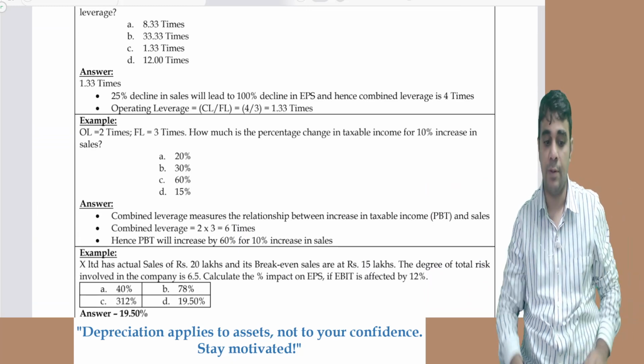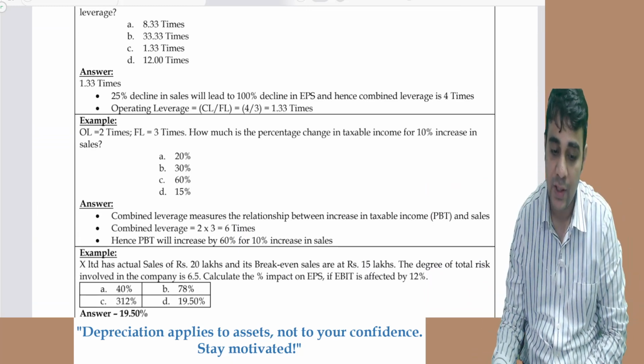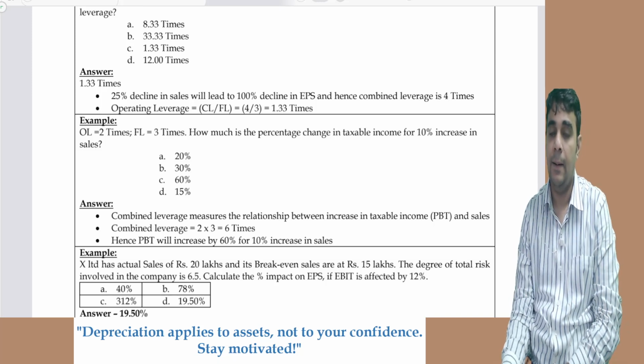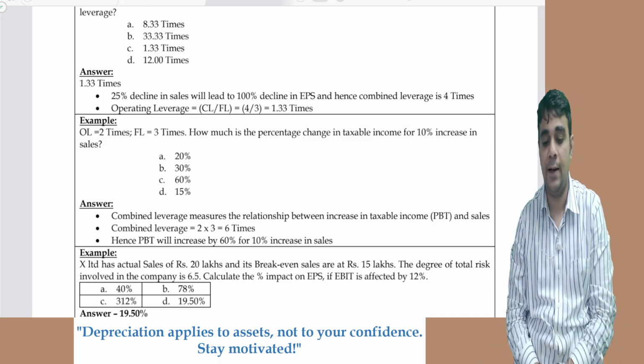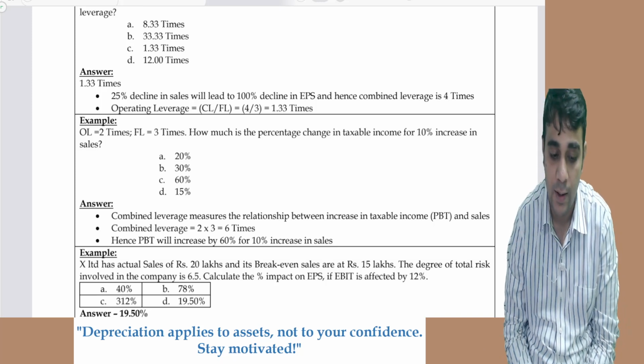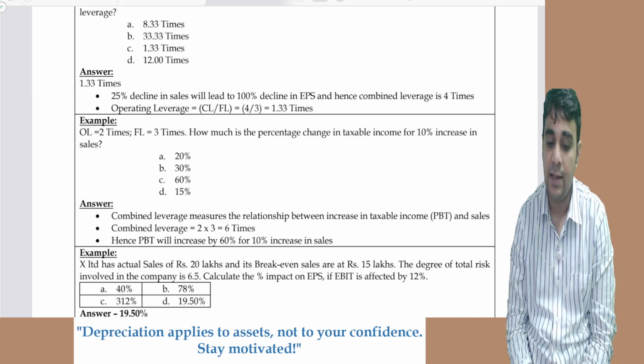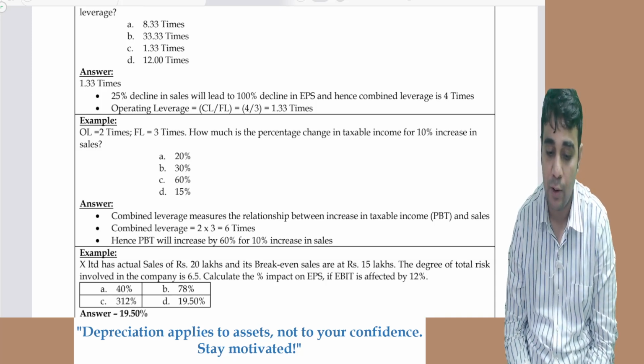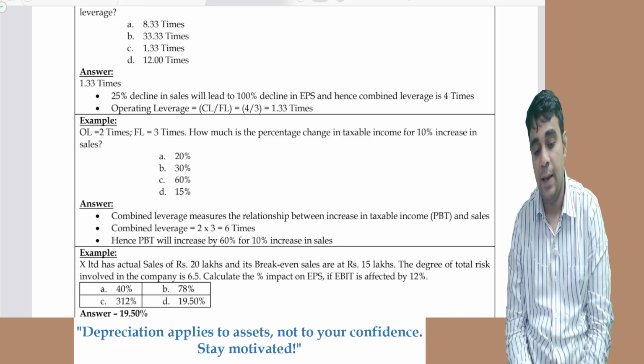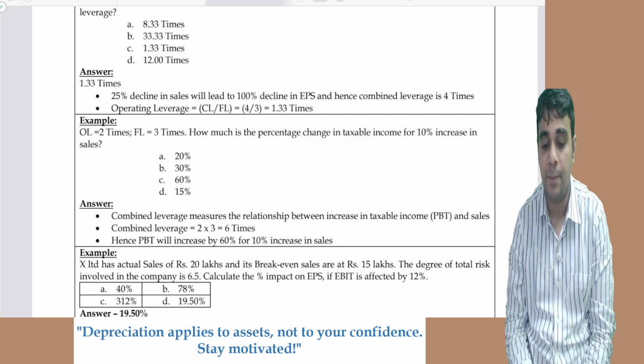Let's see this example. X Limited has actual sales of 20 lakh, break even sales are 15 lakh, and the degree of total risk involved in the company is 6.5. Calculate the percentage impact on EPS if EBIT is affected by 12%.